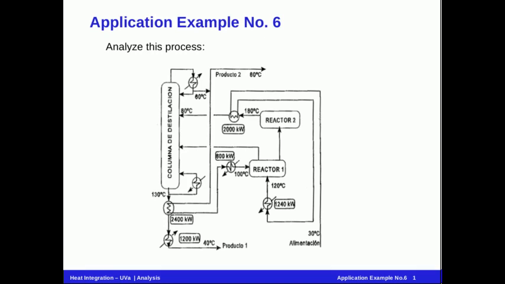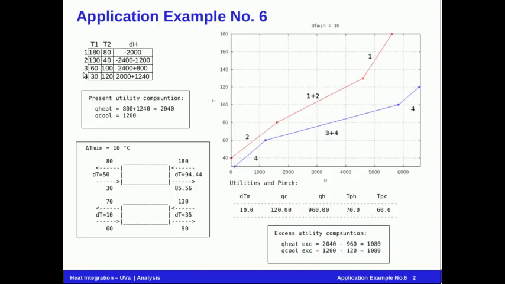For the data extraction, we have one hot stream from 180 to 80. This is the outlet of reactor number 2, 180 to 80, taking out 2000 kilowatts.